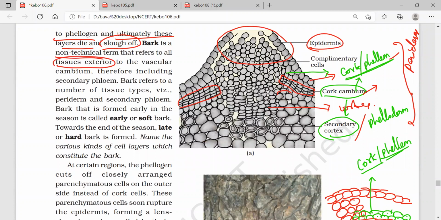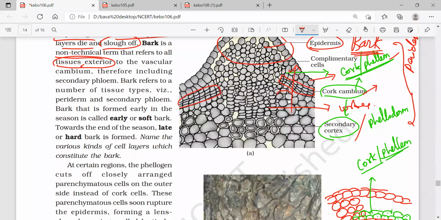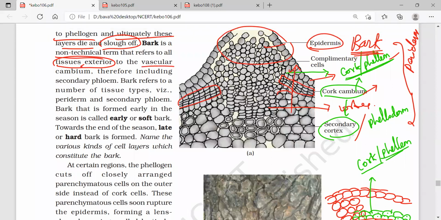We usually say bark, but from which layer to which layer we call it bark is given here. The term bark refers to all tissues exterior to the vascular cambium, therefore including secondary phloem.